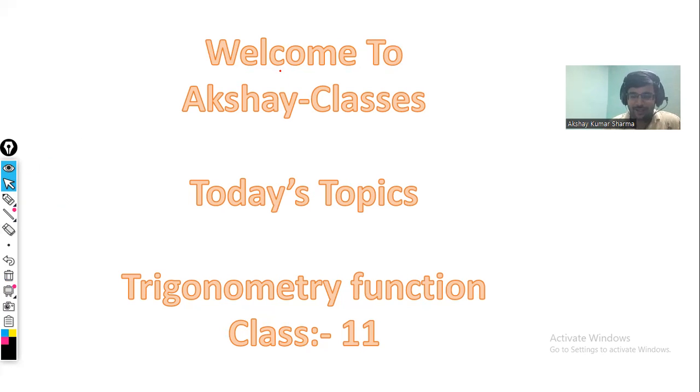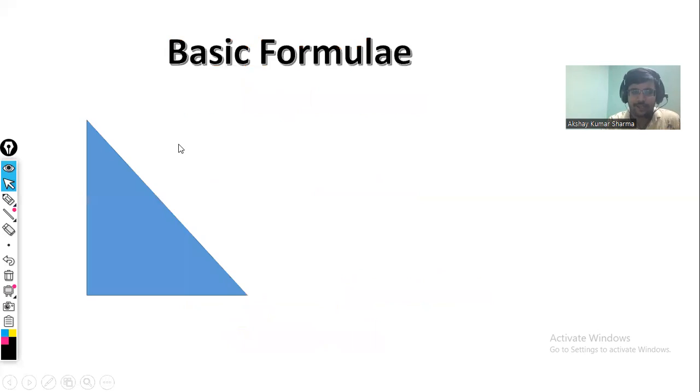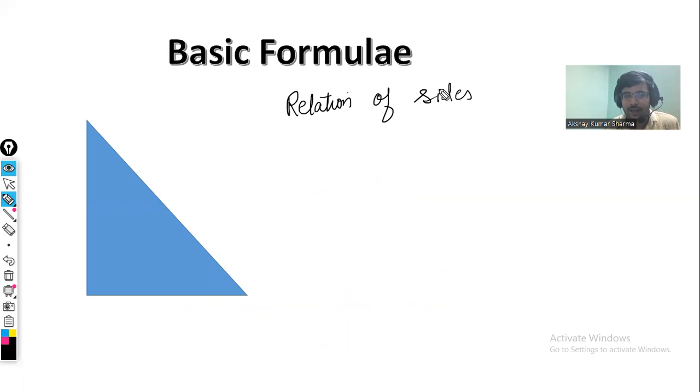Okay, so let's begin. So what is trigonometry? Basically, we know that trigonometry is nothing but relations of sides. Okay, so which type of sides, sir? Sides of a triangle.